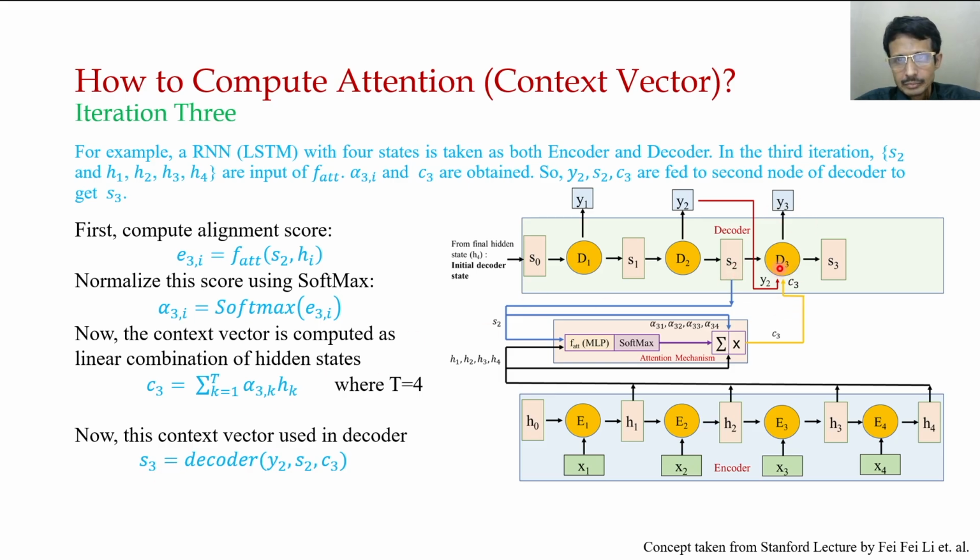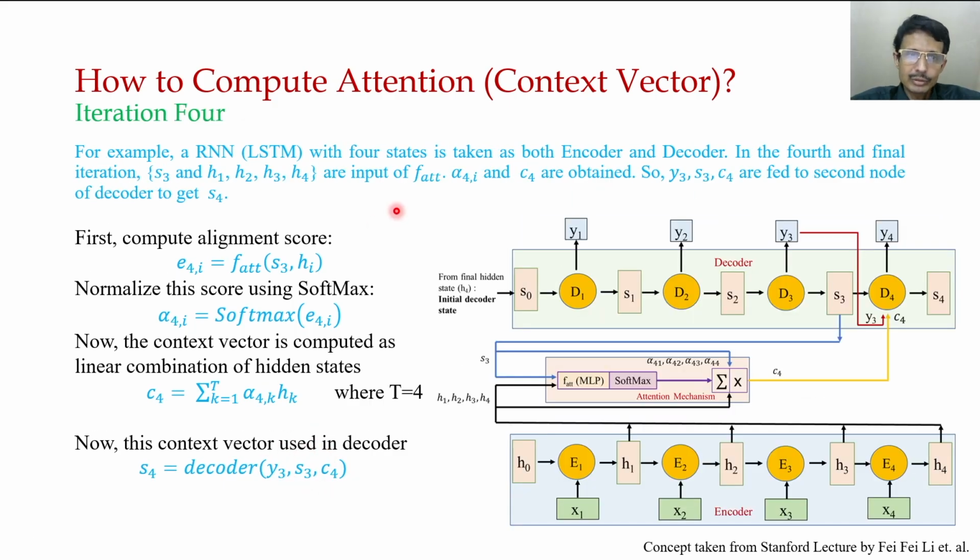So the decoder takes Y2 and S2, and finally we get iteration 4. There you have S3 and H1, H2, H3, H4, and in a similar fashion it goes on. So this is the way attention works.